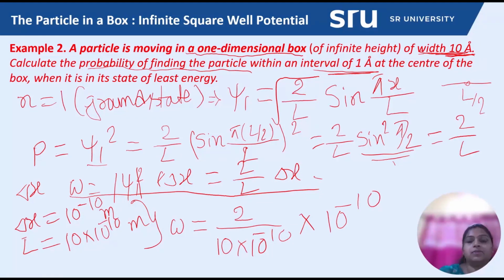So if we simplify this, we can get simply 0.2. So the probability of finding the particle within an interval of 1 angstrom is nothing but this value.